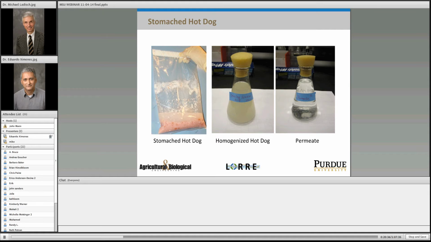If you try to microfilter that without any pretreatment, the membrane is going to be clogged easily. On the following slides, the pictures in the middle and on the right side give you an idea of how homogenized hot dog looks, and the permeate solution.